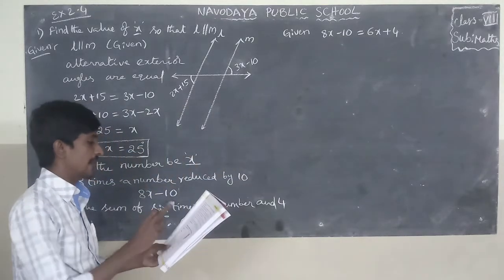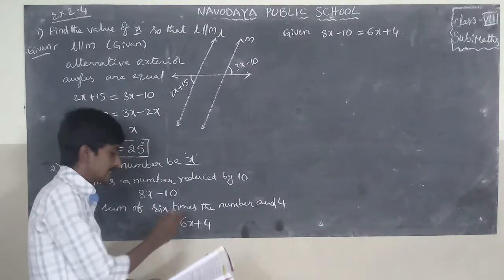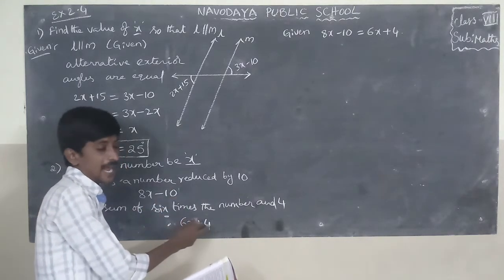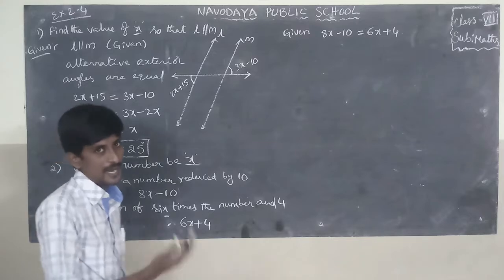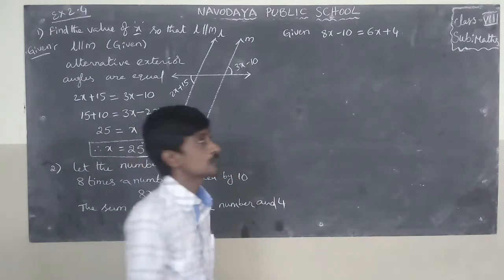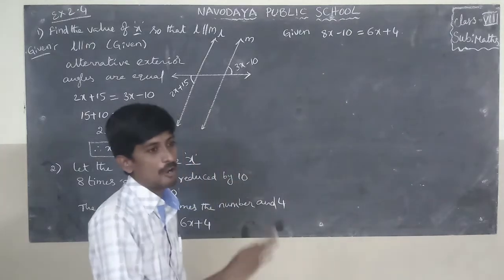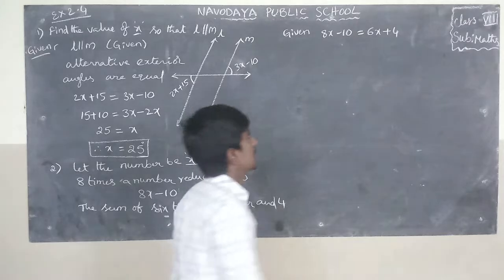8 times a number reduced by 10 is equal to the sum of 6 times the number and 4. So the two statements are equal. Variables transpose to one side and constants to the other side.